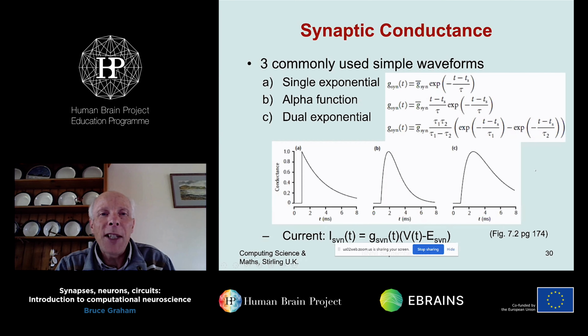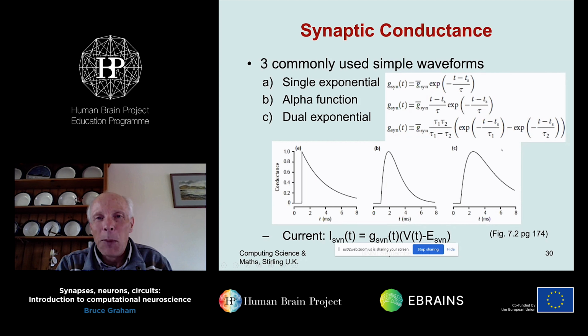And there are three basic approaches which are mathematically very simple. So all we do is phenomenologically model the waveform of the postsynaptic conductance that results from an action potential. And three commonly used equations are shown here.